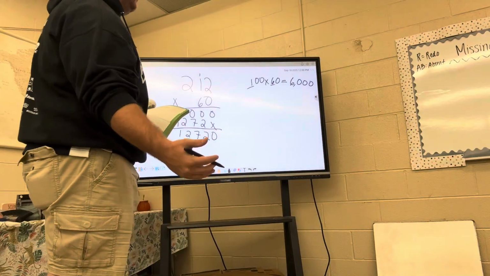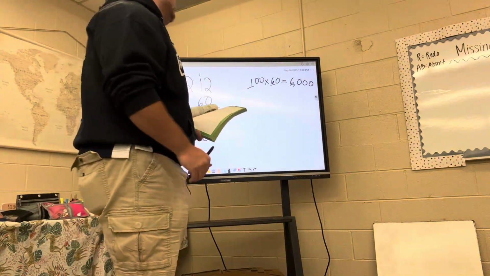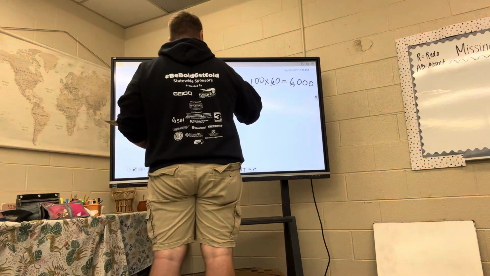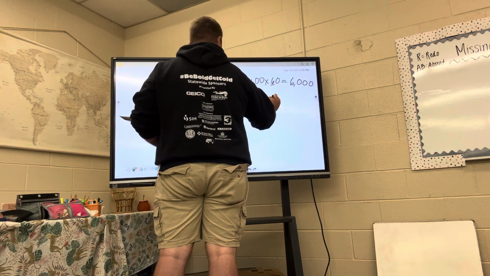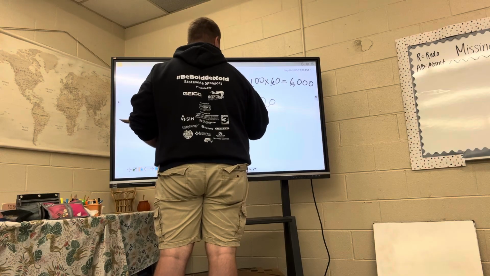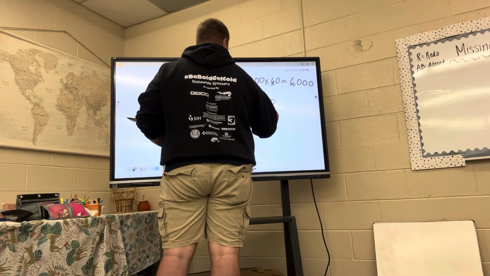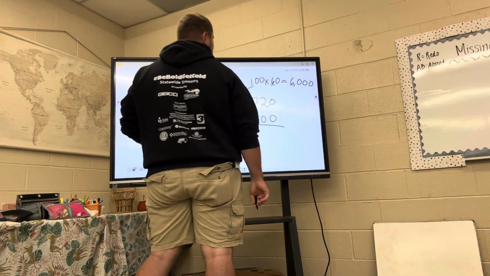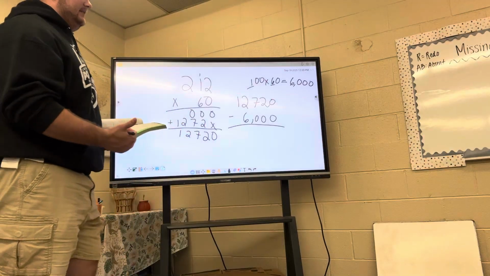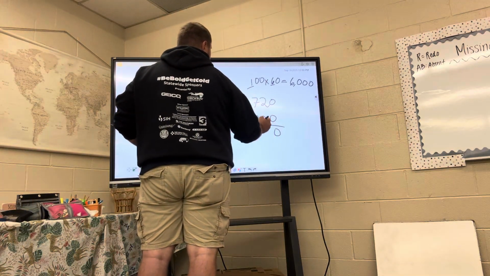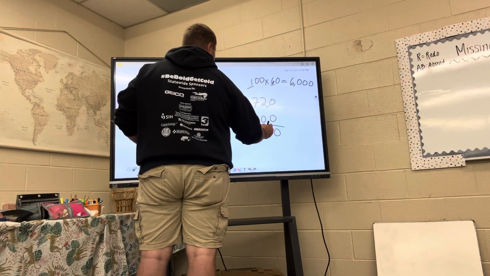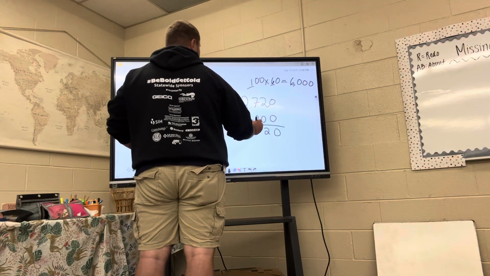So now we have to find the difference, which means we have to subtract. So we do 12,720 minus 6,000 to find the difference between the rabbit and the dog's heart speeds. So 0 minus 0 is 0, 2 minus 0 is 2, 7 minus 0 is 7.